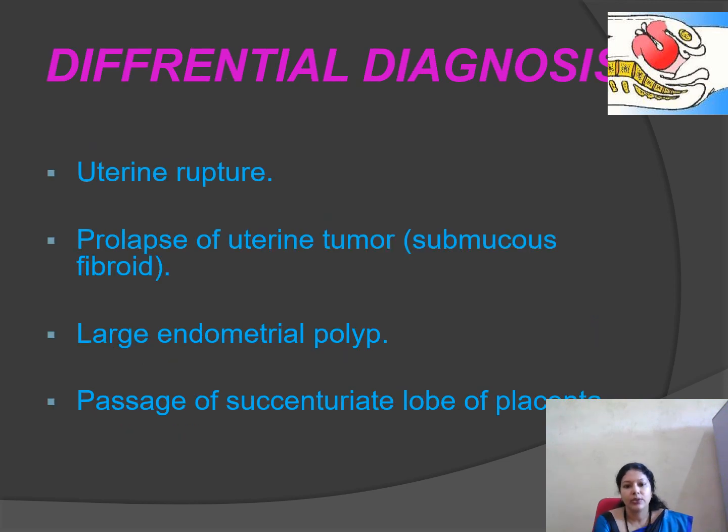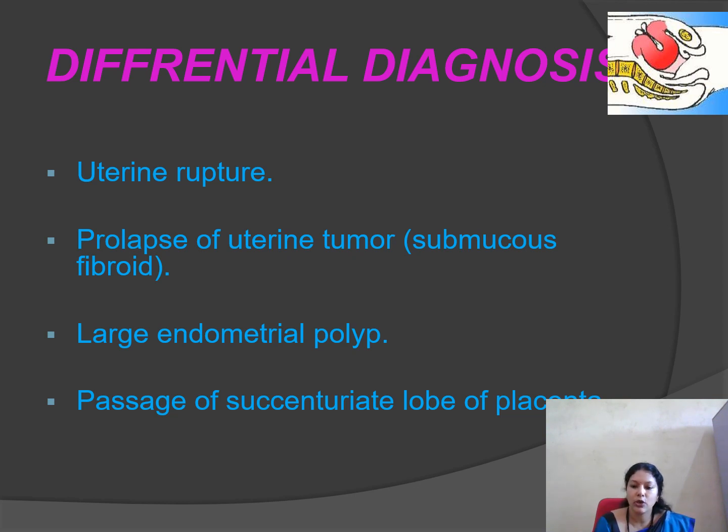And differential diagnosis. Sometimes you may mistake it as uterine rupture, or you may think that it is a prolapsed uterine tumor, or sometimes you may mistake it as an endometrial polyp or growth, or sometimes you may think that a succenturiate lobe of the placenta is getting separated and it is passing through the vagina. That is, succenturiate lobe, already I have told you that it is an additional lobe.